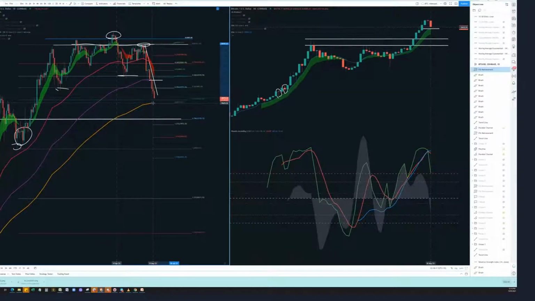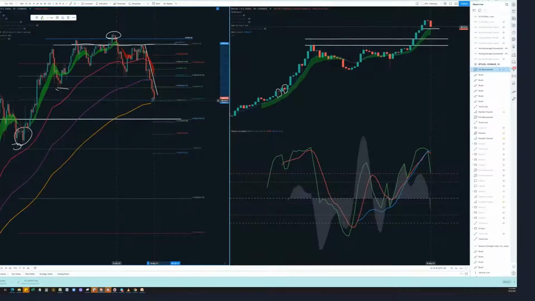If this was the area, the 34... no, it still doesn't have it. It doesn't line up. So the 21 weekly moving average might not play as resistance at all. These fib levels might, and that's about it. So it might have a bit more to go, about 40,000 potentially.